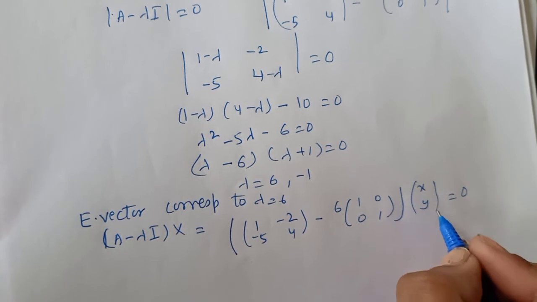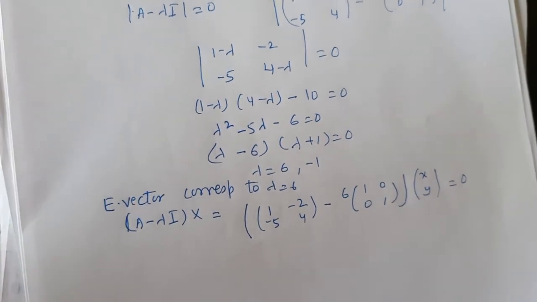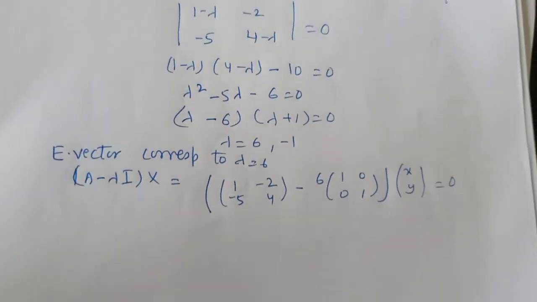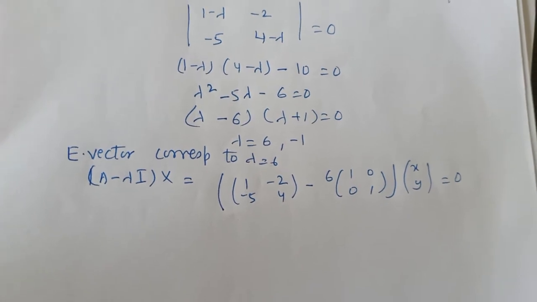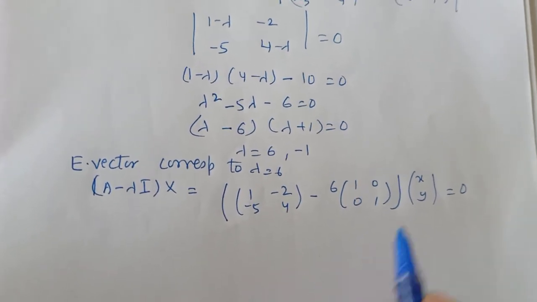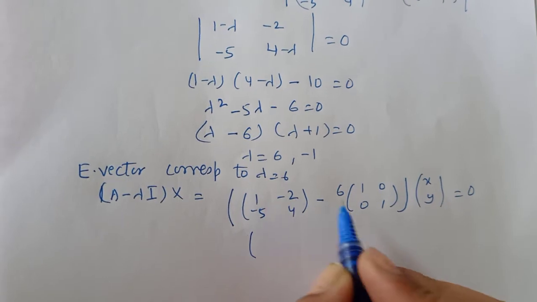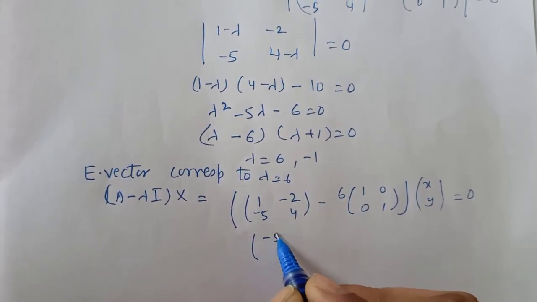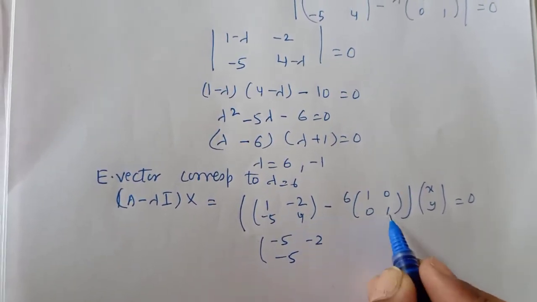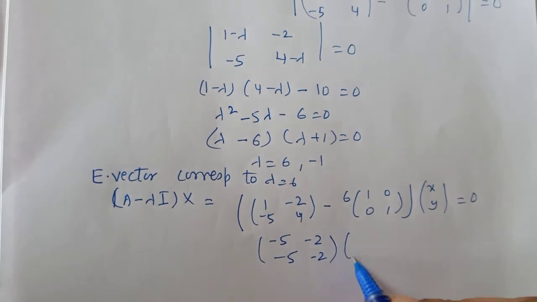Why have I taken a 2-tuple only? Because this is a 2 cross 2 matrix. If it had been a 3 cross 3 matrix, we would have taken a 3-tuple. So this becomes 1 - 6, -5, and this is 4 - 6, -2.